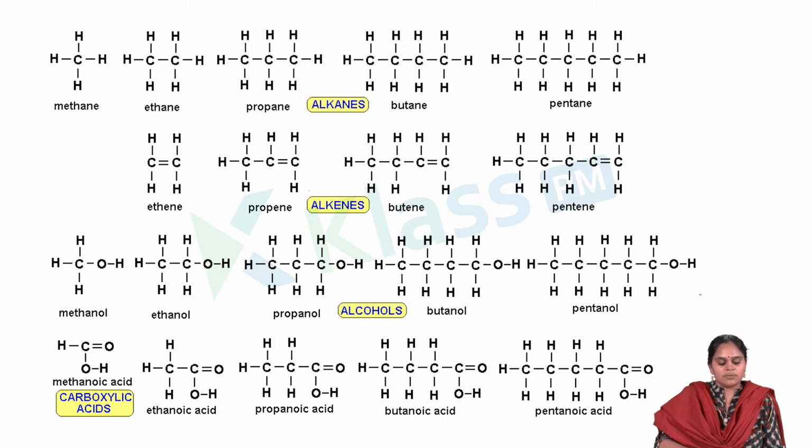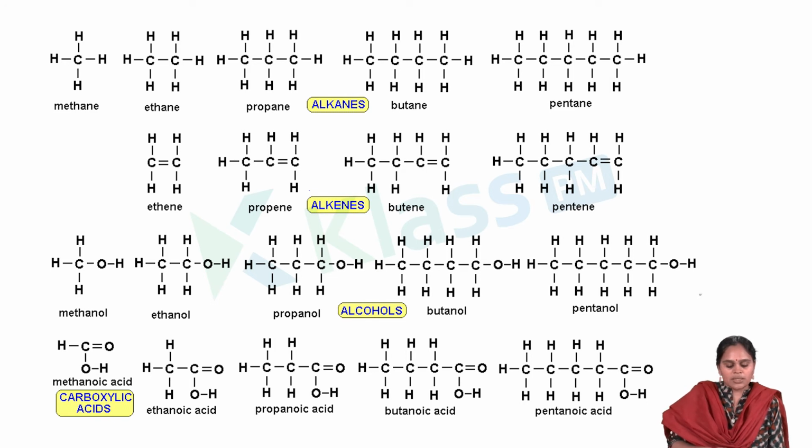See, ethene. Eth means two, with a double bond. Then 3 carbons propene, 4 carbons butene, 5 carbons pentene. In the same way for alkynes, if one bond is a triple bond, then we can say it is an alkyne. Ethyne, propyne, butyne and pentyne. Like that, you have to give alkyne names.